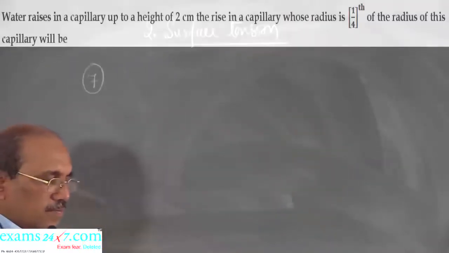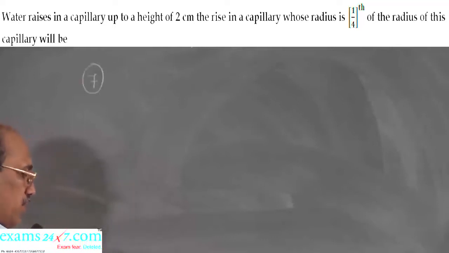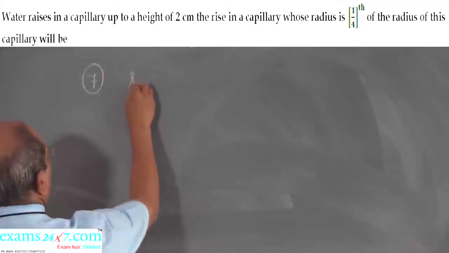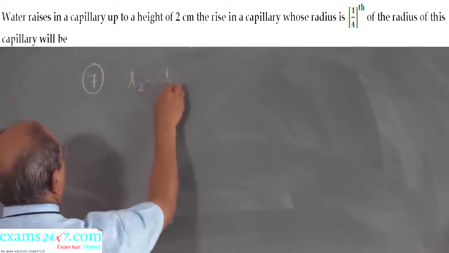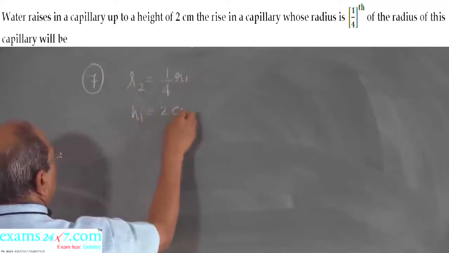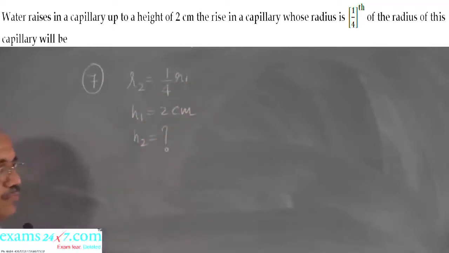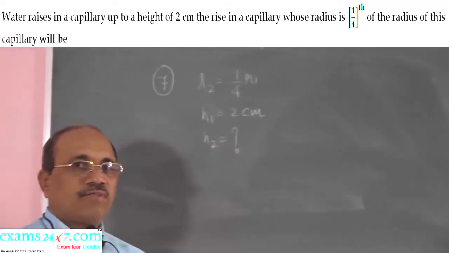Water rises in a capillary up to a height of 2 cm. The rise in a capillary whose radius is 1/4 of the radius of this capillary will be? R2 is given as 1/4 of R1, and h1 is 2 cm. The question is, what is h2? When they change the capillary to a different radius, what is the change in height?